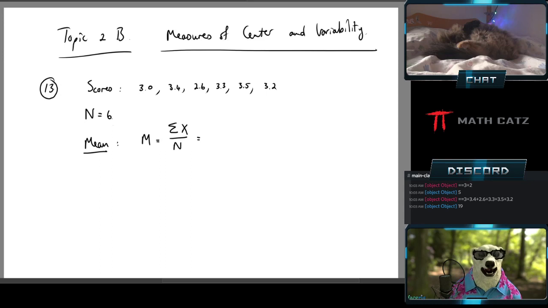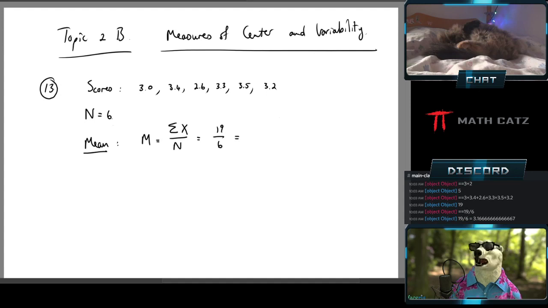I want to show some work here, some steps to verify that I am in fact doing what I claim I do. We get a sum of 19. We want to calculate 19 divided by 6, and we'll round to 2 decimals, 3.17. That is the mean, 3.17.